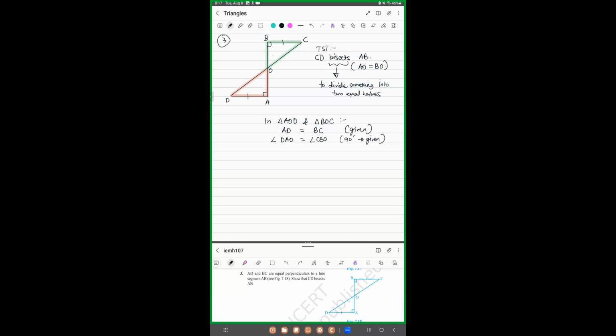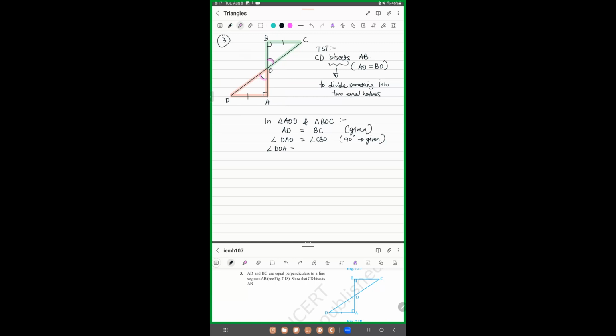See, over here, this angle and this angle are going to be what? Vertically opposite angles, right? And we know that vertically opposite angles are equal. So you will write it like this. Angle DOA is this one.